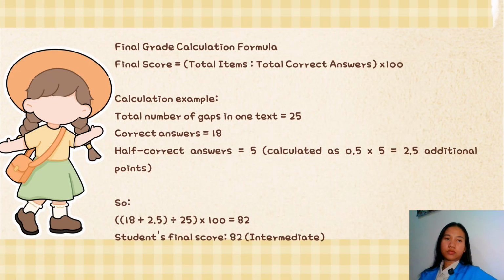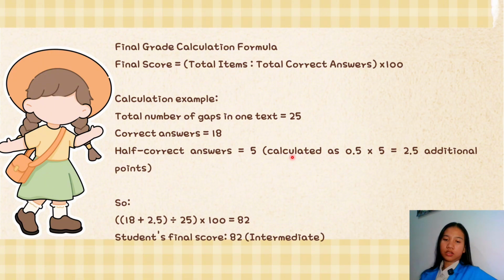Again, I have the final grade calculation formula. We can see total correct answers divided by total items, times 100. For an example of calculation, the total number of gaps in one text is, for example, 25. Based on my example text before, the correct answers are 18 and half-correct answers are 5.